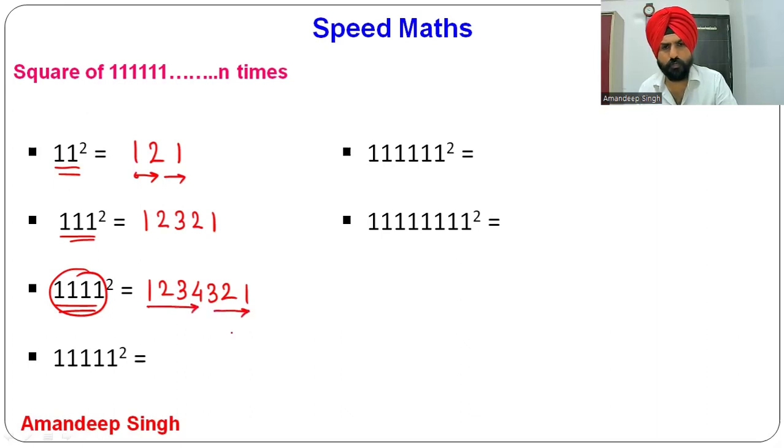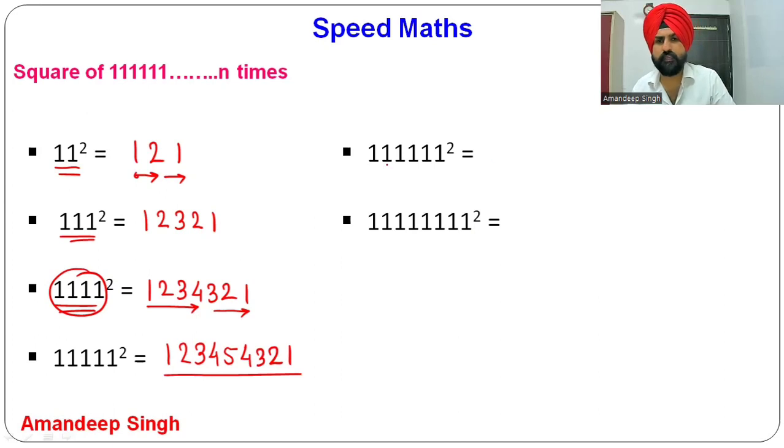4, 3, 2, 1. Similarly, if you have 1 five times and you want to calculate the square, my answer has to be 1, 2, 3, 4, 5, and I will go back, 4, 3, 2, go back to 1. Right? Similarly, if you have six 1s, I will write 1, 2, 3, 4, 5, 6, and go back to 1: 5, 4, 3, 2, 1.